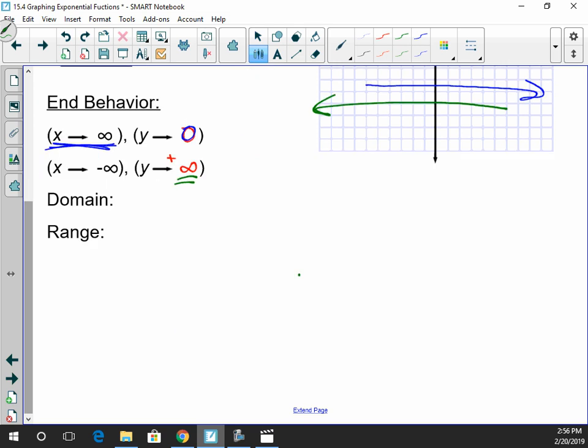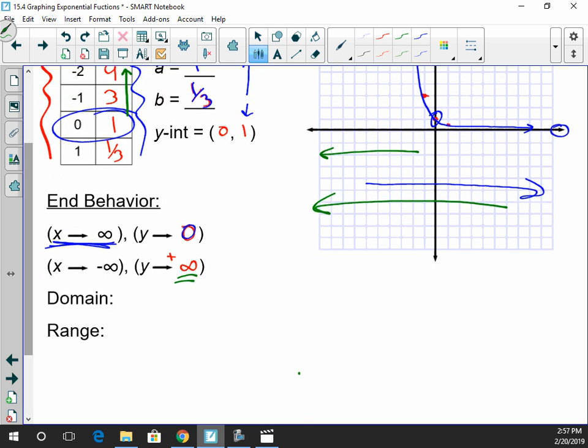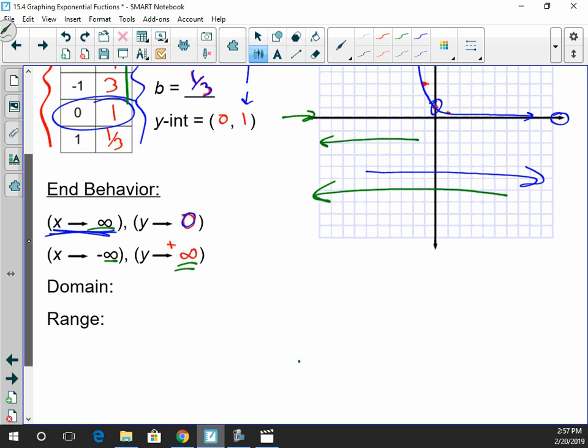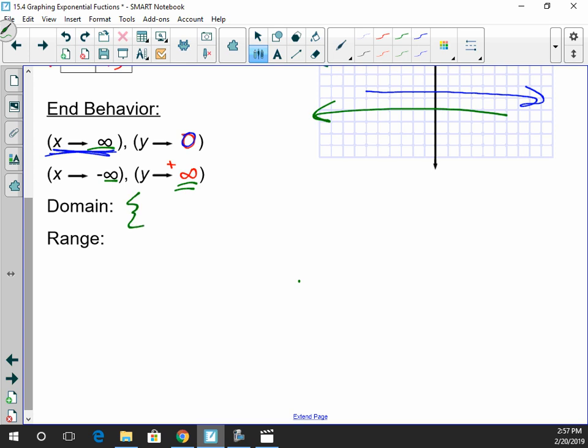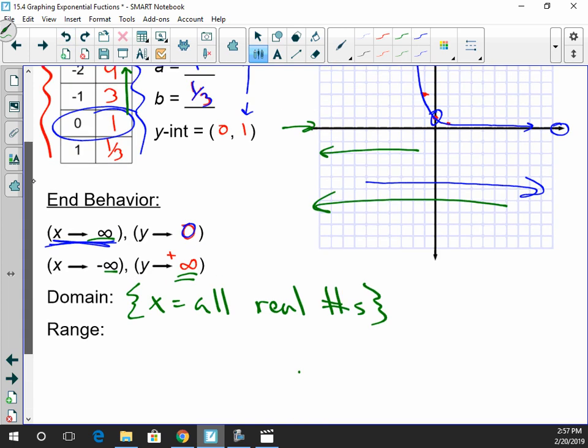All right, my domain, again, there are no restrictions for my x value, right? We talked about x going from infinity to negative infinity. So my domain, again, is all real numbers. Make that a bracket, I suppose. And my range, well, what is my range?